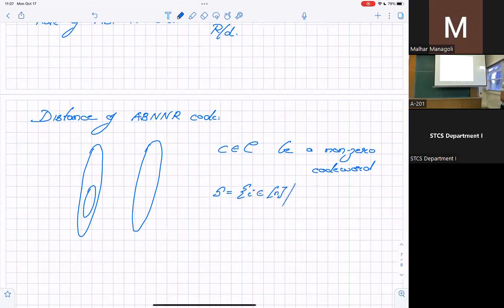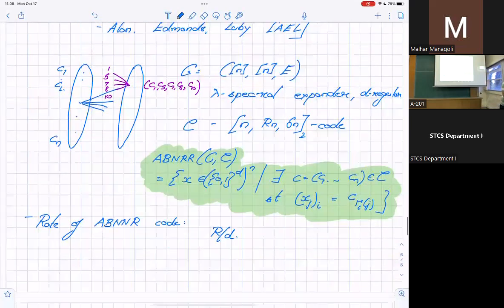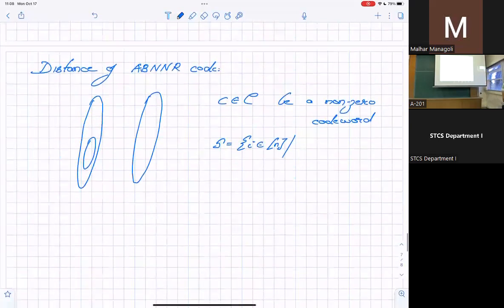This is the left side. Let me just change that to n. A set of locations so that C_i is not equal to 0. It's non-zero.